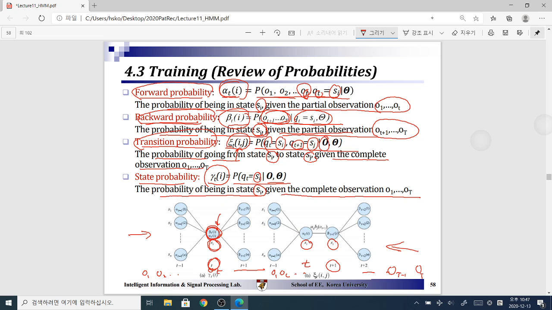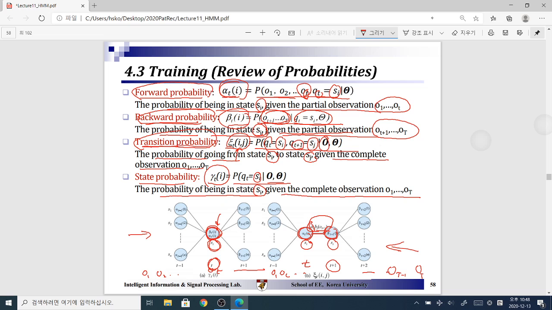This picture denotes two nodes that are adjacent to each other, and in between there is a probability of going from this node to this node, a sub ij times b sub j of the observation at t plus 1. This is going to be shown once again later on.